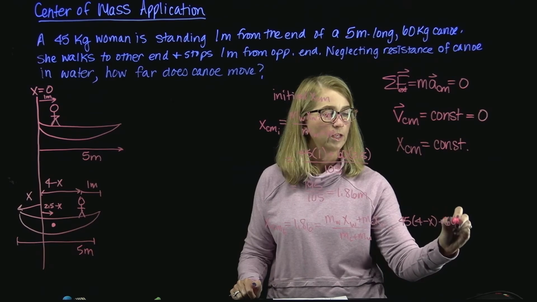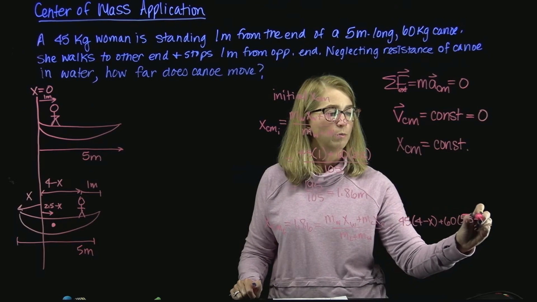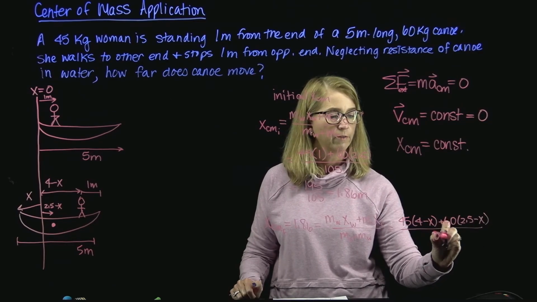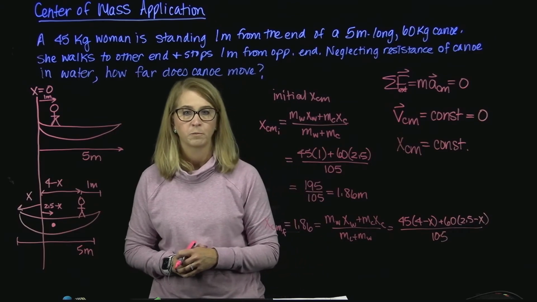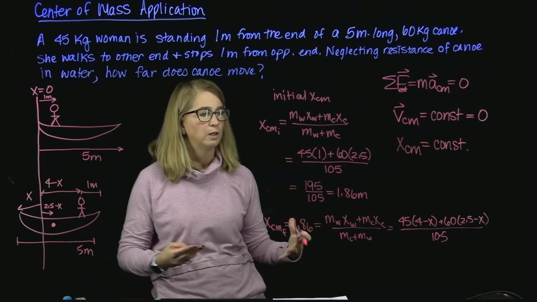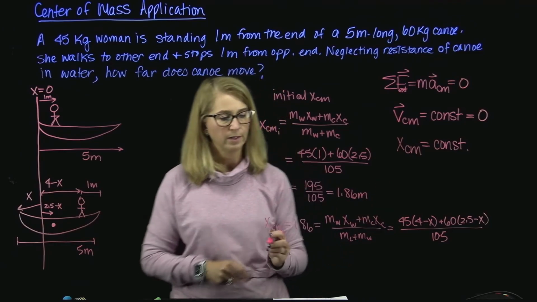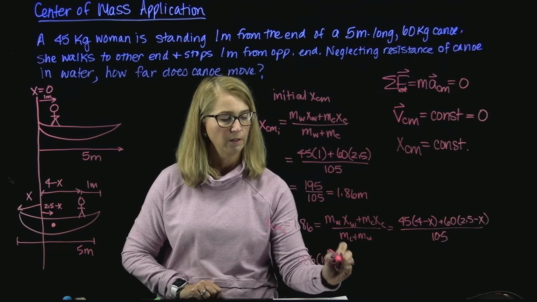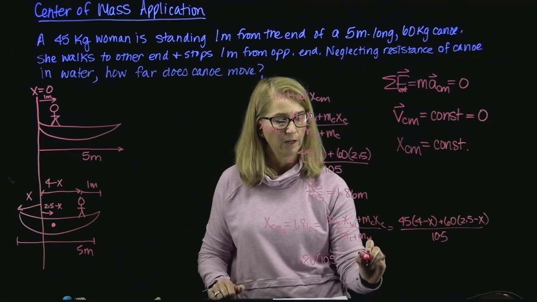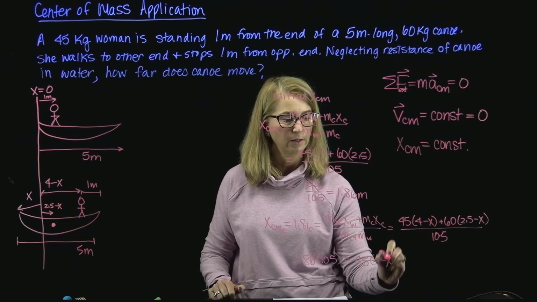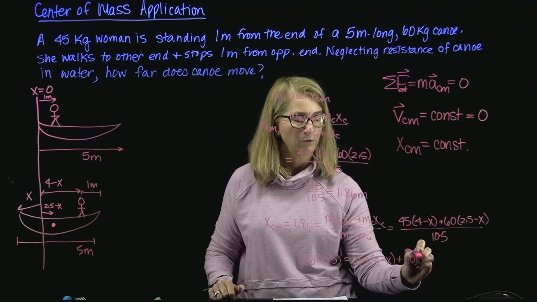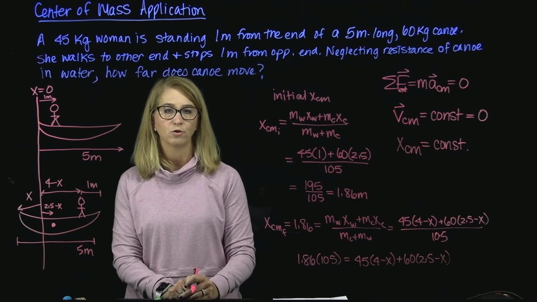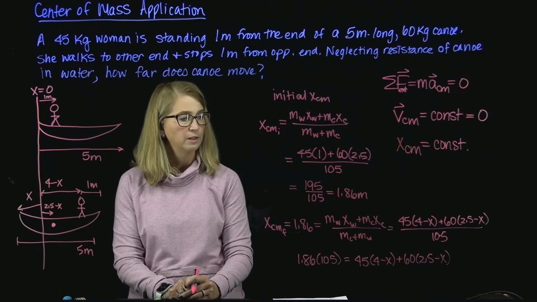And we have 60 kilograms, and that's at 2.5 minus x. And that's divided by 105, the total mass. So I'm going to set that equal to 1.86. So I have 1.86 times 105 is equal to 45 times (4 minus x) plus 60 times (2.5 minus x). And so that's the algebraic expression that I need to solve.